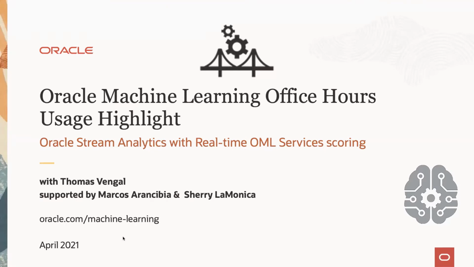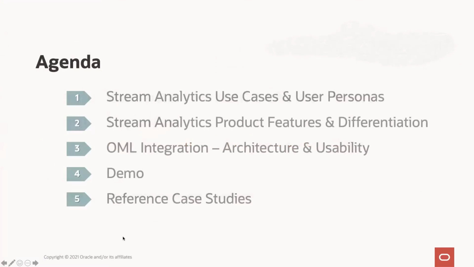All right, so let's get started. In today's session, we'll first go through the Stream Analytics marketplace predictions, customer business use cases, technical use cases, and user personas. Next, we'll go through the product features and differentiating features when compared to other competitors.